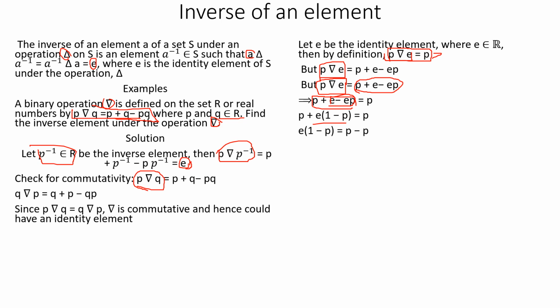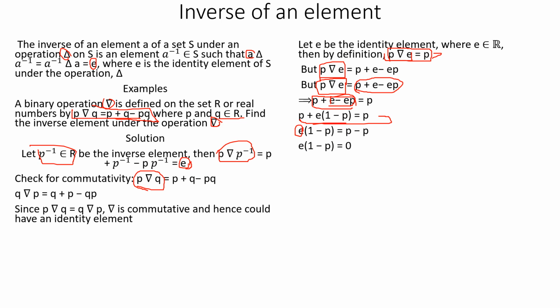Then we are trying to make the identity element the subject, so we subtract P from both sides, to eliminate this P.